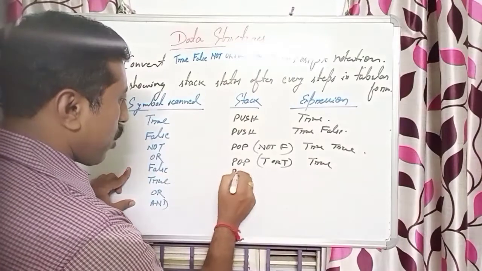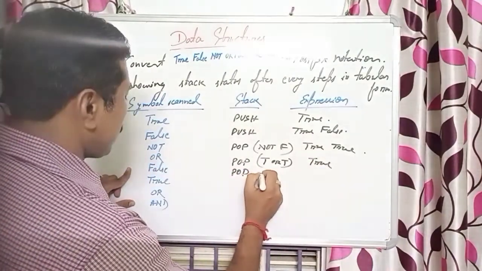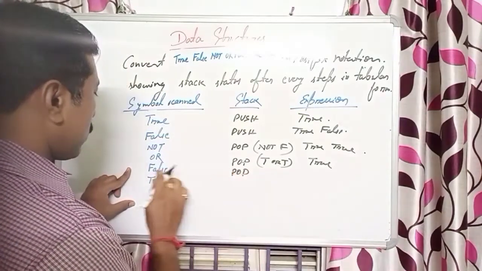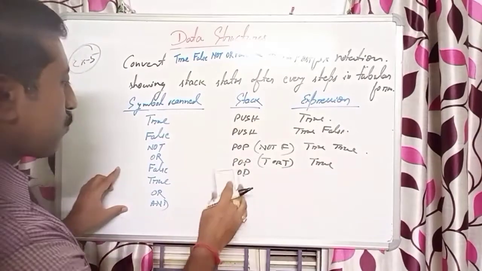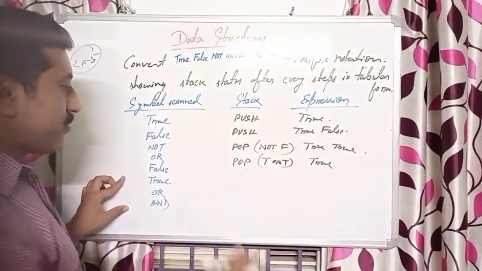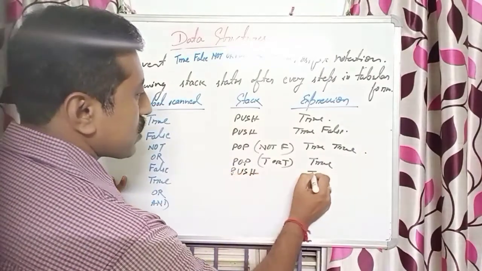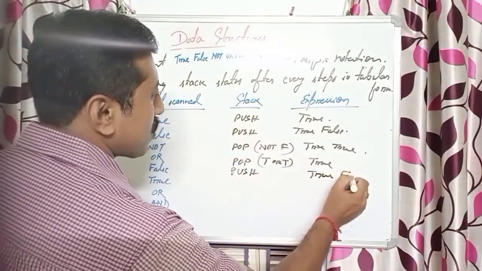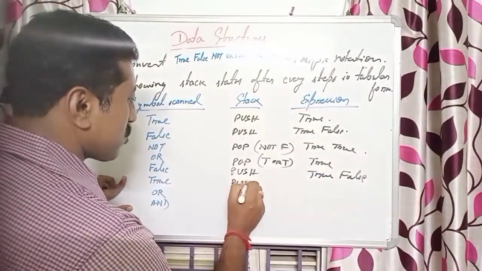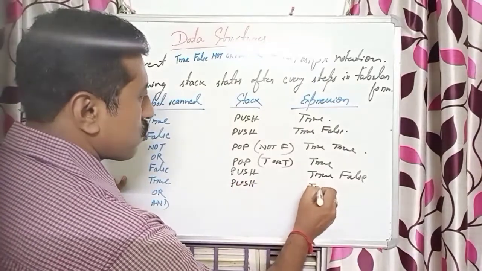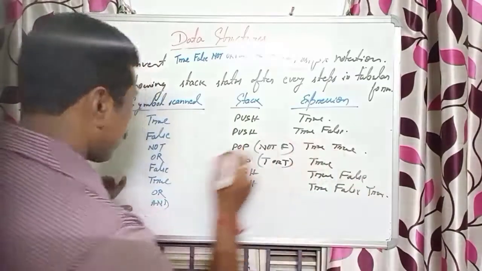Then false is given, that is a value so it is a push: it was true, now it came false. Now true is there, so it is also push, that is true, false, true.